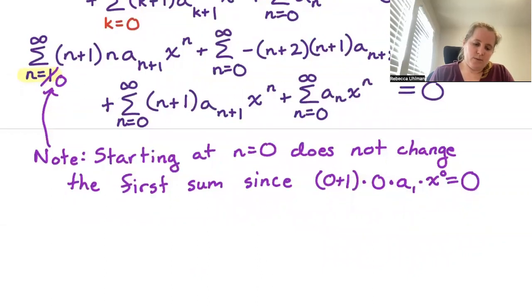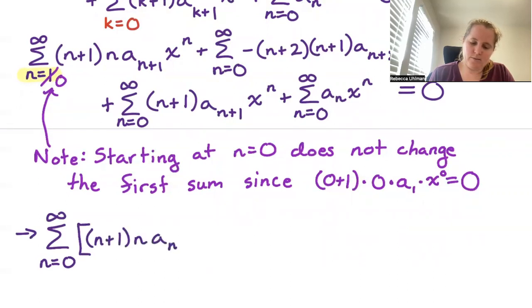So this becomes the sum from n equals 0 to infinity of, we have n plus 1 times n times a sub n plus 1. Then we have minus n plus 2 times n plus 1 times a sub n plus 2.